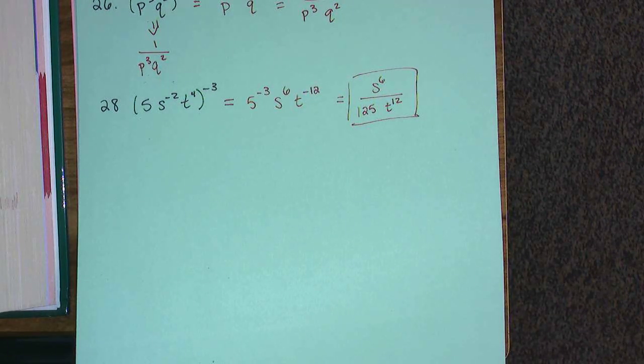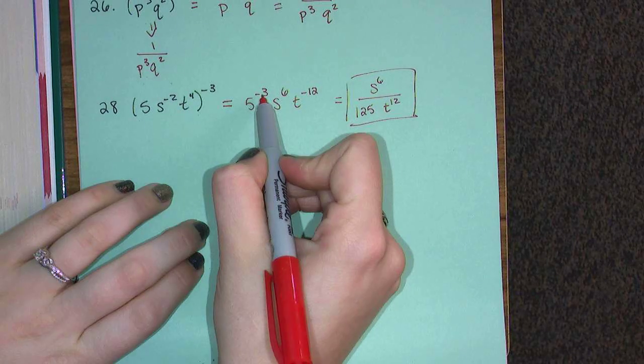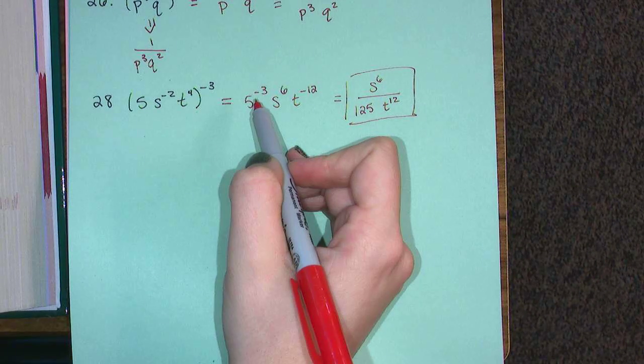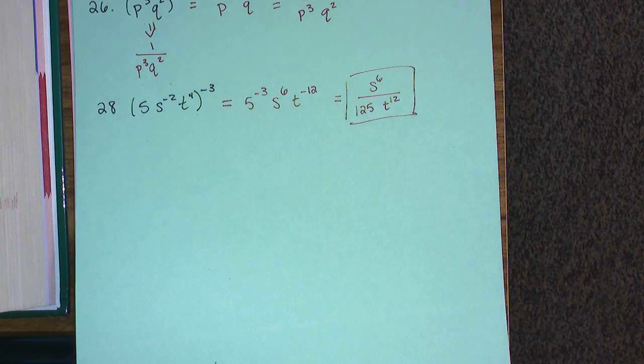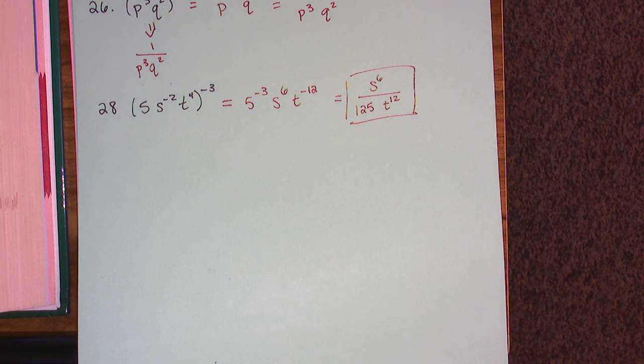Positive. So yeah, the negative 3 here just moves it to the bottom. That doesn't make the number negative or anything. Now, if the number started out as negative 5, then obviously yes it would, because it's an odd power.